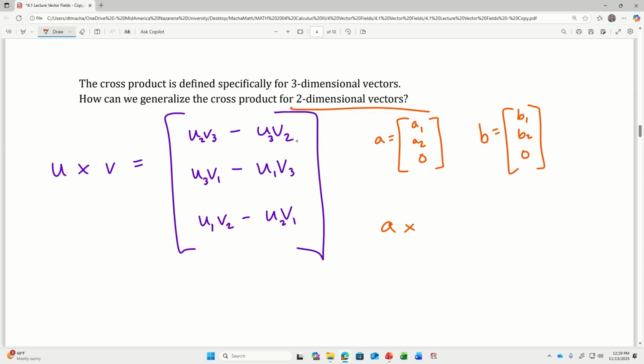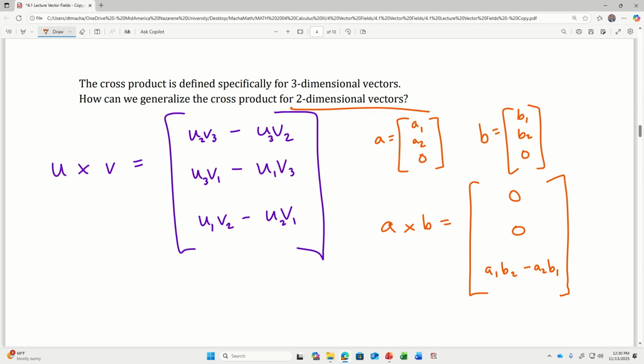And then whenever we do this cross product, the first 2 entries are going to be 0, because in the first 2 entries, do you see how there's always a third component invoked here?